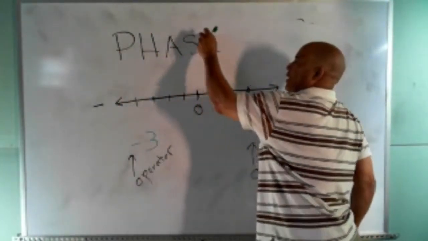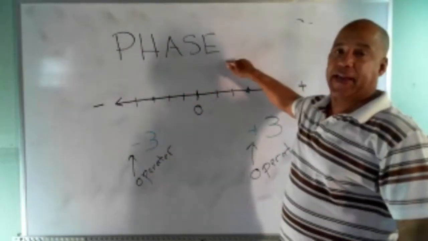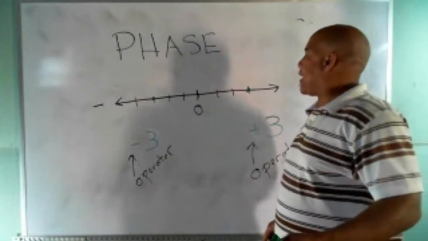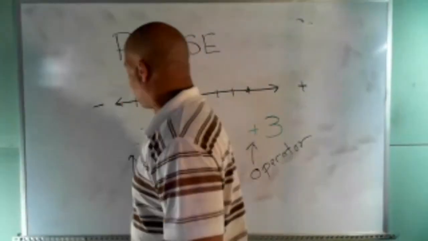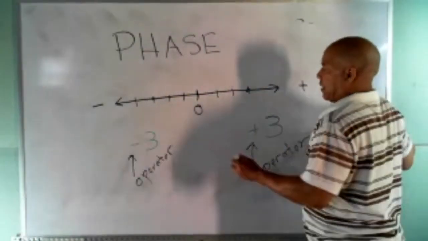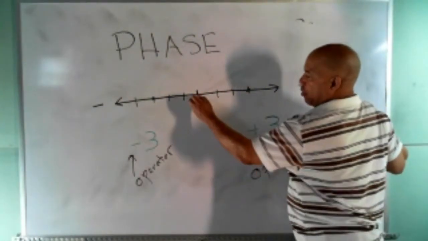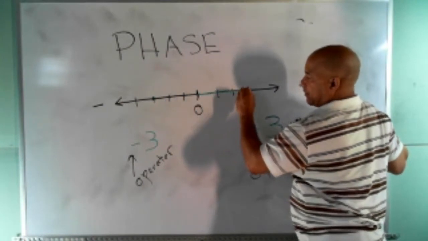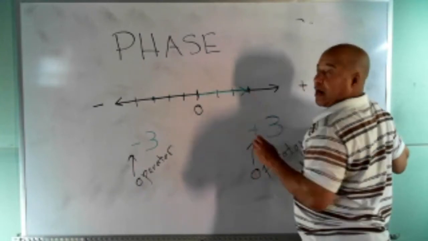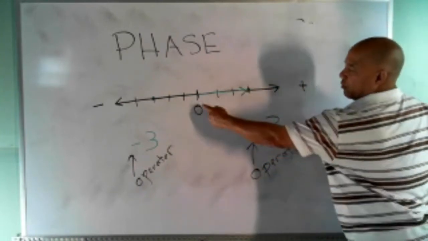When you learned about the number line, you probably did not learn about phase because you didn't need it. Basically it works like this. If I want to get to that number 3, I can count over like I did, 1, 2, 3. But I can also draw an arrow that's 3 units long, starting from 0 along the axis to the right.